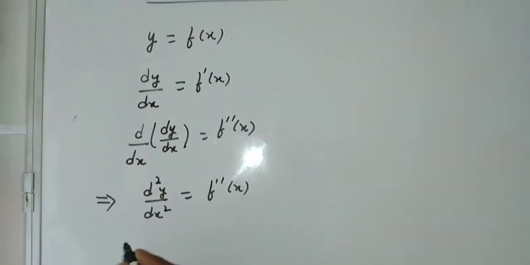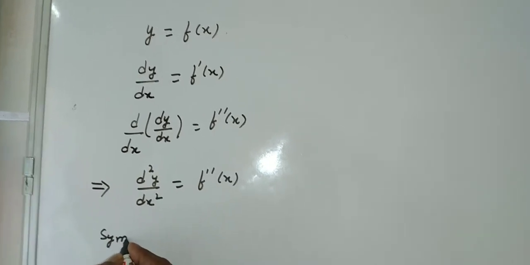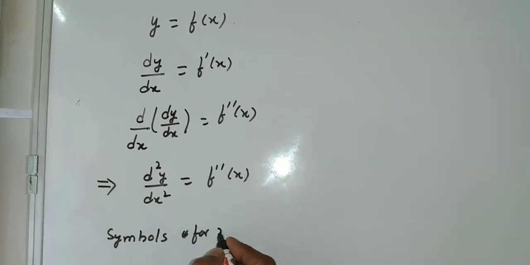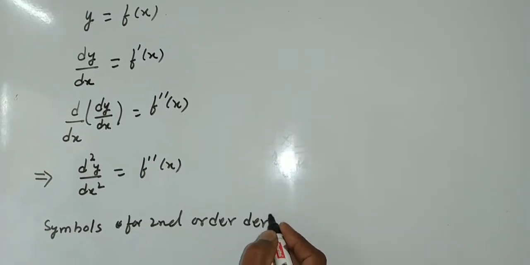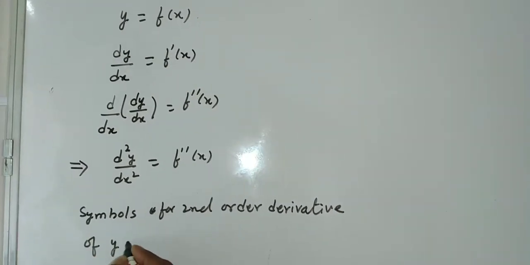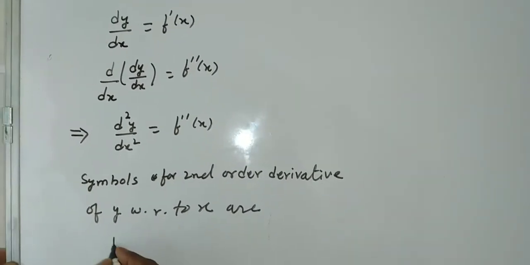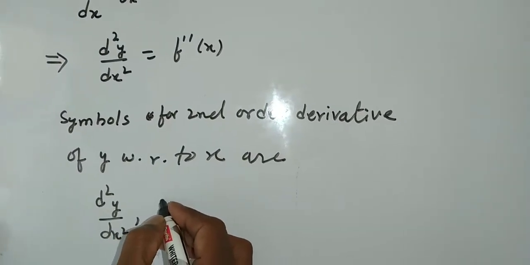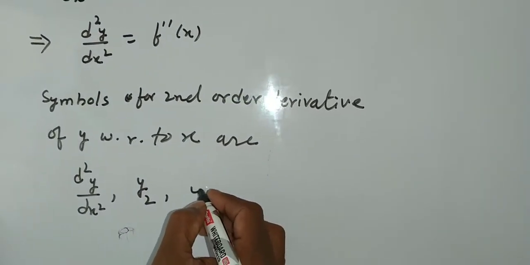Some symbols we use for the second order derivative of y with respect to x are d2y by dx square, y2, and y double dash.